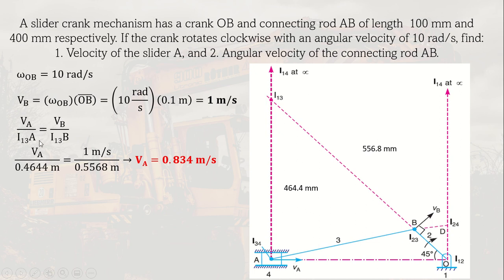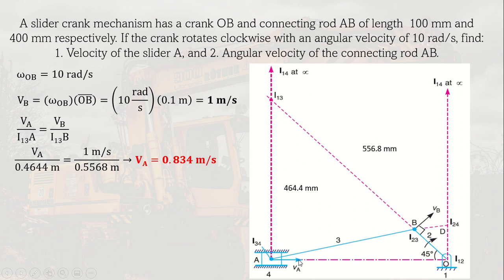Substituting these values in the equation and also the velocity of B, which is already known, we can get the velocity of the slider A. So the velocity of A is therefore 0.834 meter per second. The direction is in that direction because obviously since B is moving in that direction, it will also pull, no?